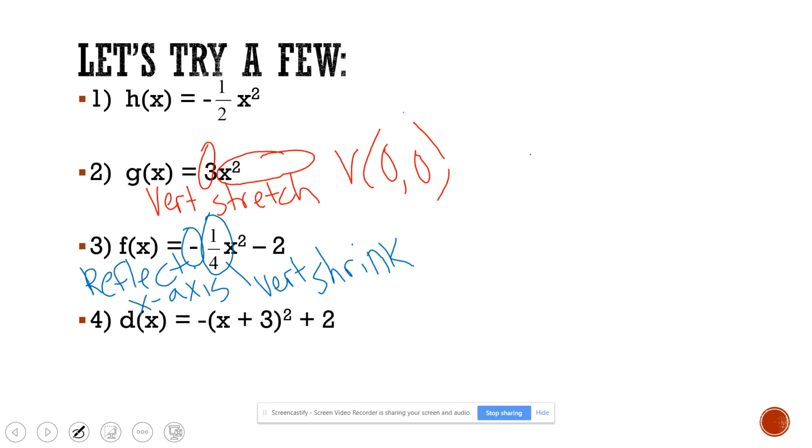Then over on the right side of the x, we have a subtract 2. Now that subtract 2 is not in parentheses. It's not like number 4 where the x plus 3 is in parentheses. So that means our graph went down 2. But we have no shifting left or right. So our vertex is 0 because there's no left or right, and then -2.